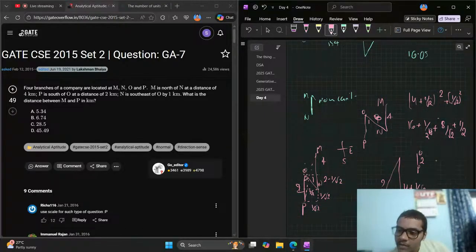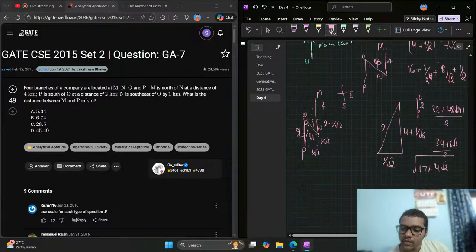So how much is it? You take 2 as LCM. That is 32 plus 1 plus 8 root 2 plus 1. 33, 34. 34 plus 8 root 2 by 2. If you just divide it, 17 plus 4 root 2. Now you need whole root of this.